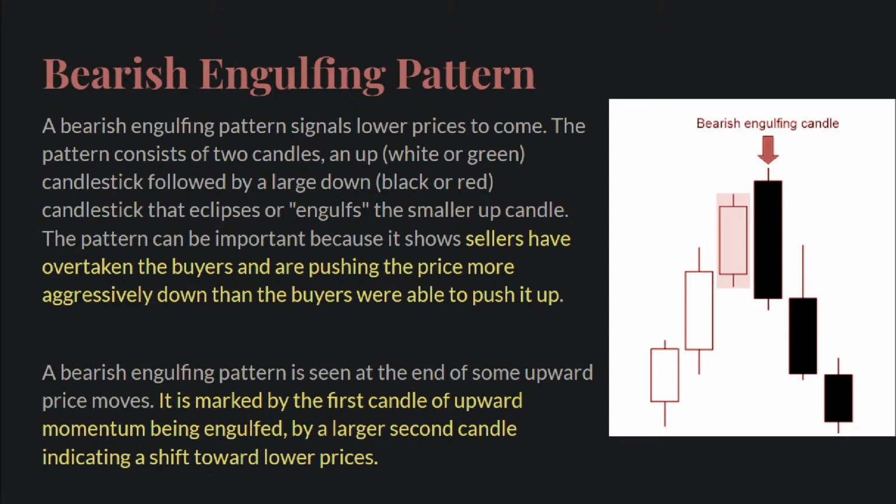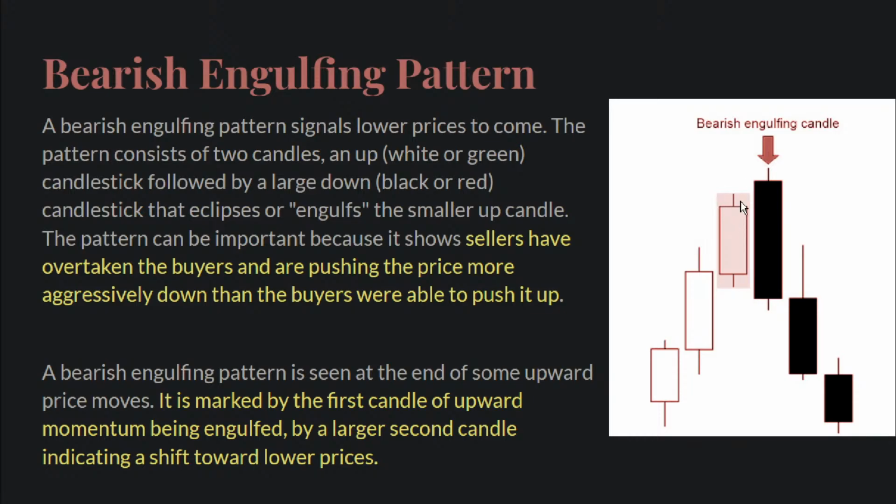But a bearish engulfing pattern. A bearish engulfing pattern signals lower prices to come. The pattern consists of two candles, an up, white or green candle. So basically, we're getting up candles here, followed by one large black or red candle that engulfs this whole last candle.